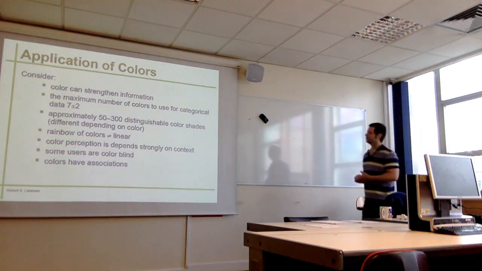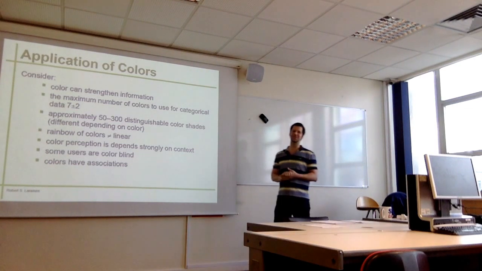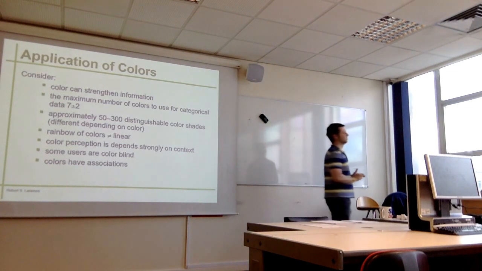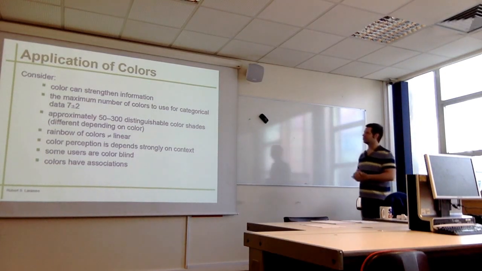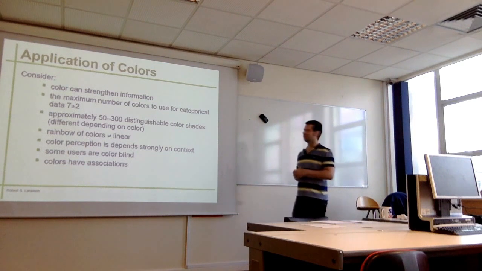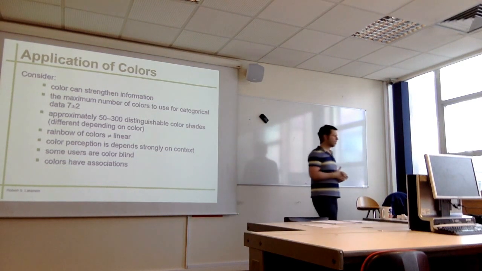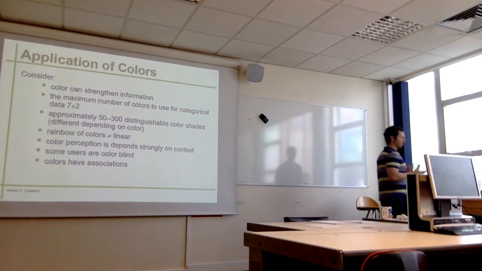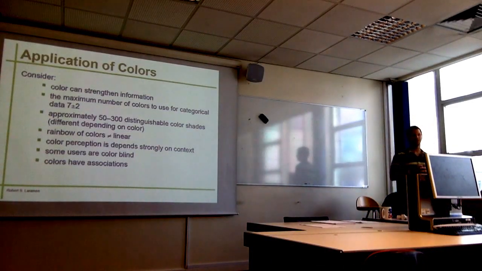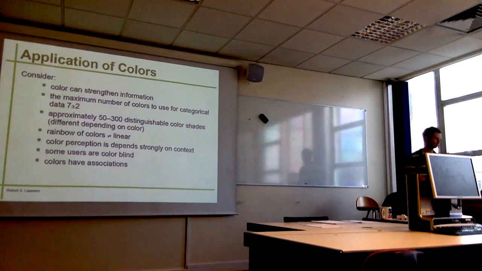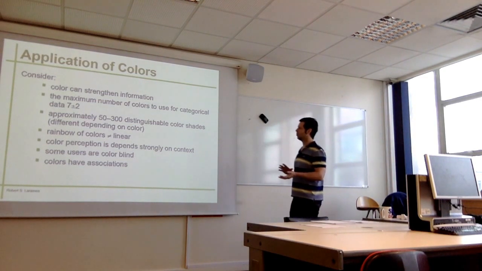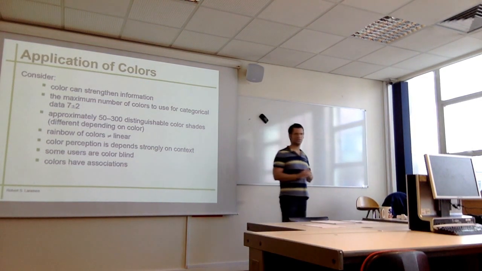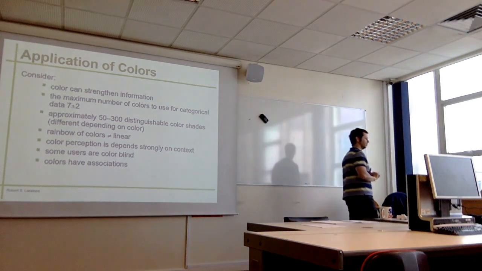Color, you can't have visualization without color these days, right? It's not much fun without color. So color can strengthen the visualization or strengthen the information. It's another visualization channel. If you're trying to group the data into different categories, like high, low, medium, medium high, medium low, we generally use seven or fewer colors, like 5 to 7 colors.